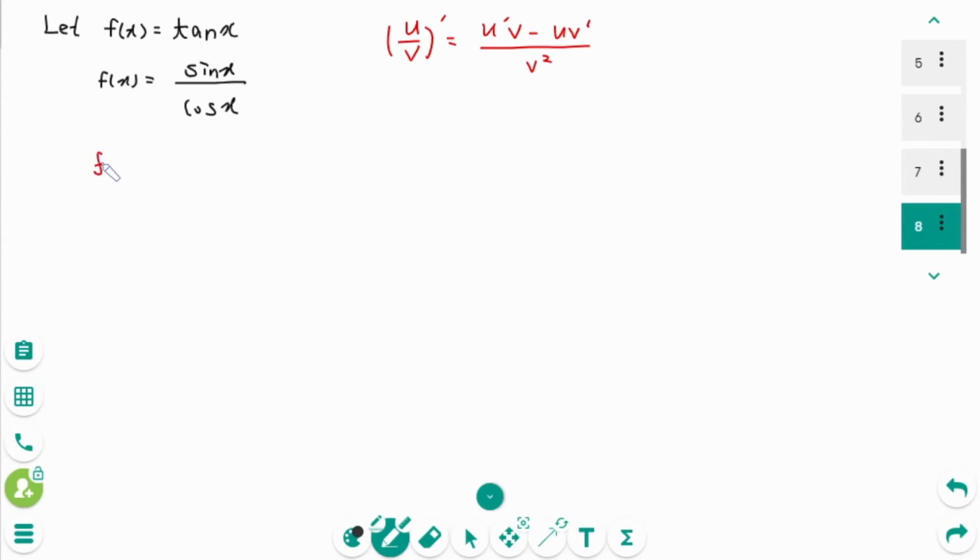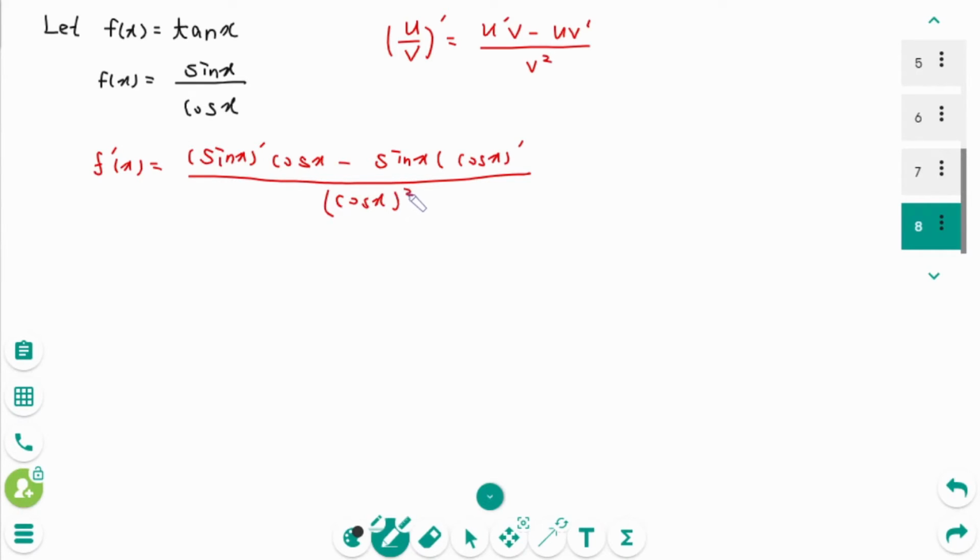So f prime of x equals sine x prime times cosine x minus sine x times cosine x prime over cosine x squared.